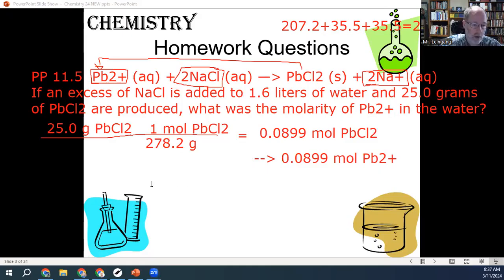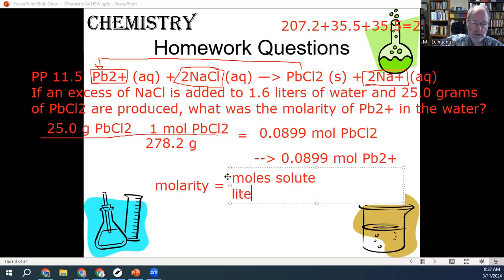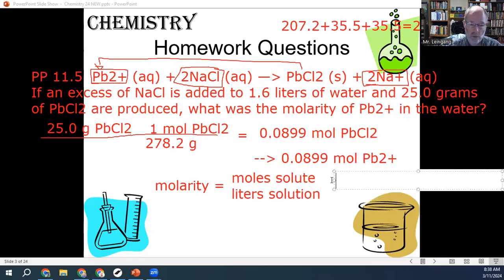Well, we know that molarity of anything is equal to the moles of the solute to the liters of the solution, right? So it's going to be moles per liter. Okay, well, how many moles do I have? Well, we just calculated that. We know the moles is 0.0899.